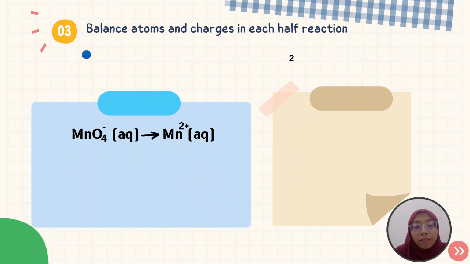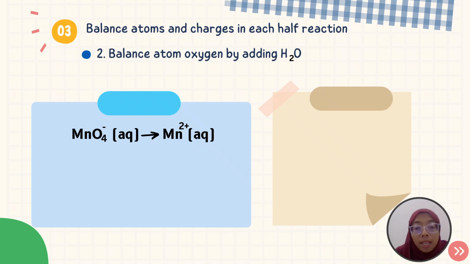Okay, next, after balancing the atoms other than oxygen and hydrogen, next is to balance the oxygen atoms by adding H2O. For the reduction reaction, from permanganate ion forming Mn2+, we look at the total number of oxygen.